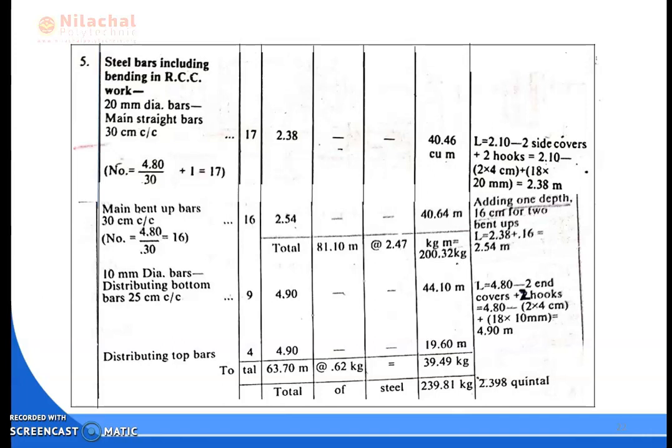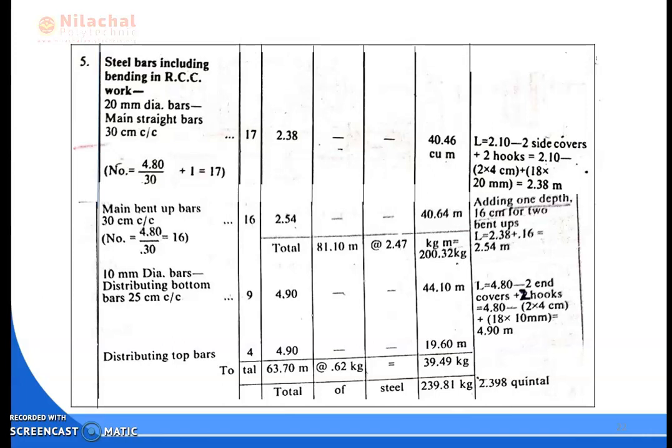First of all, we consider the breadth of the RCC slab minus 2 into side cover. In slab case, the side cover is normally provided as 4 centimeter. So 2 into 4 centimeter plus 2 into hooks.